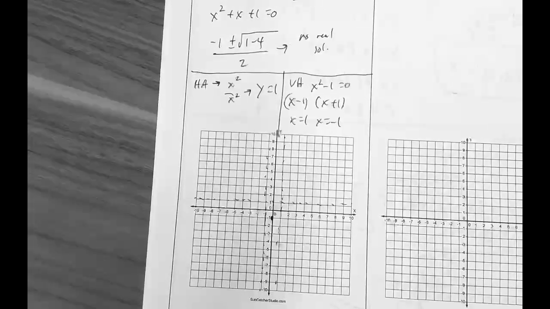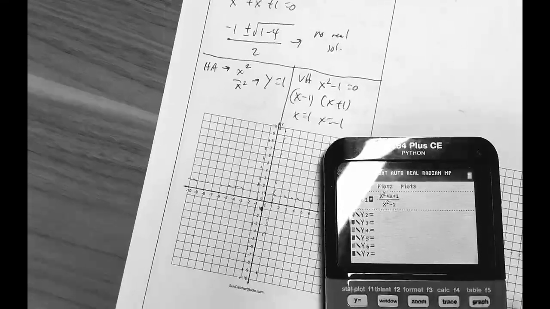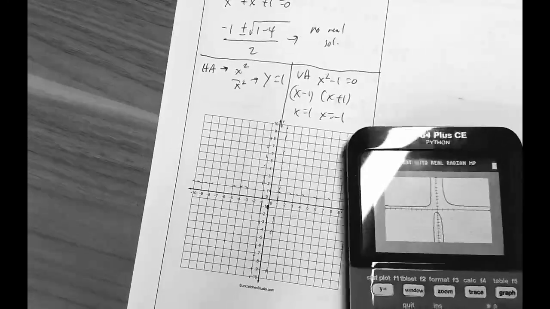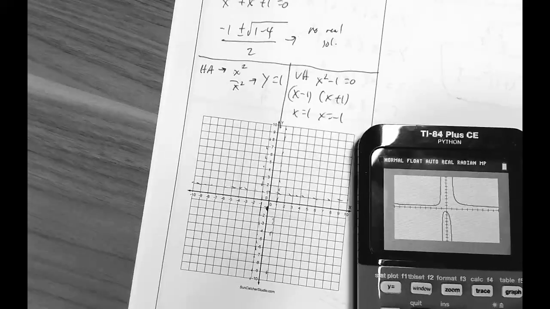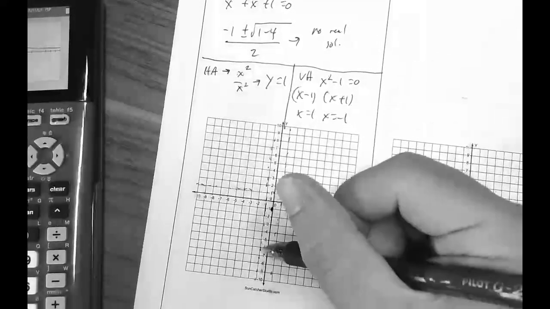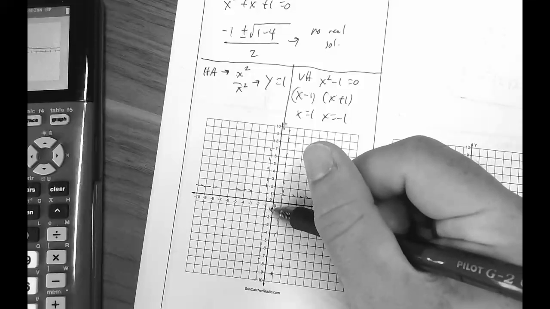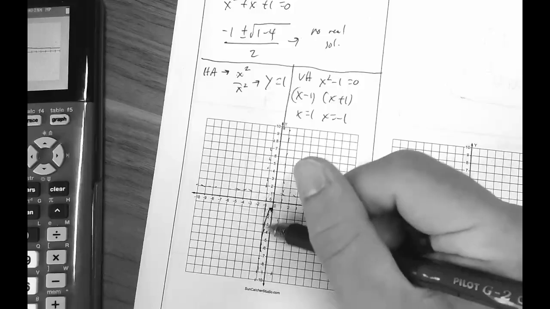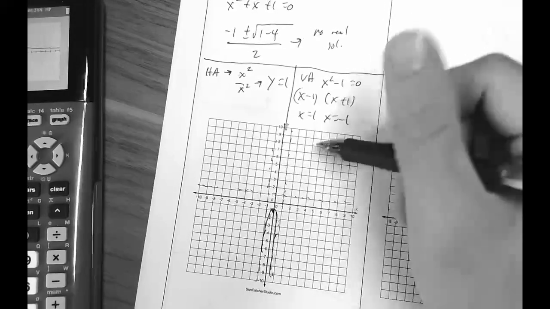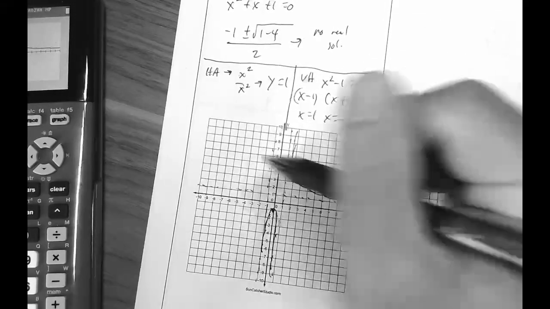And then we can use our calculator to verify here. So I plugged it in for y1, and you can see that aligns with what I've got, and we can sketch it out, making sure we intercept there and here.